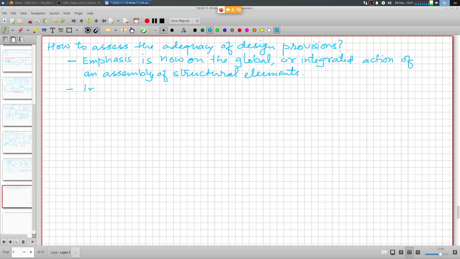In gravity load design, you only pay attention to individual element capacities.